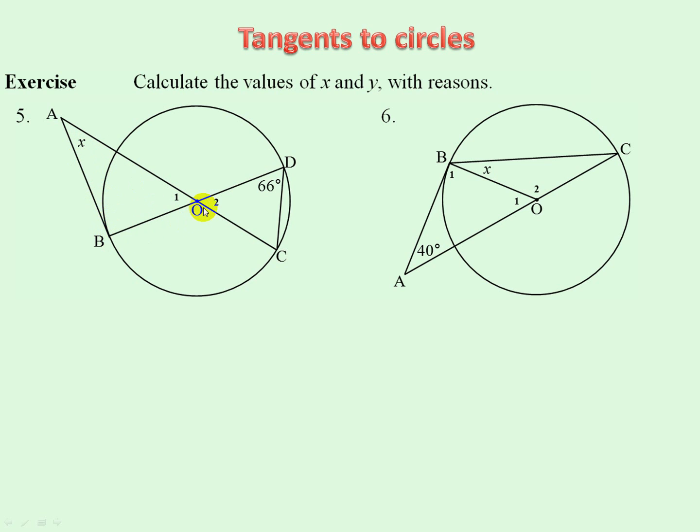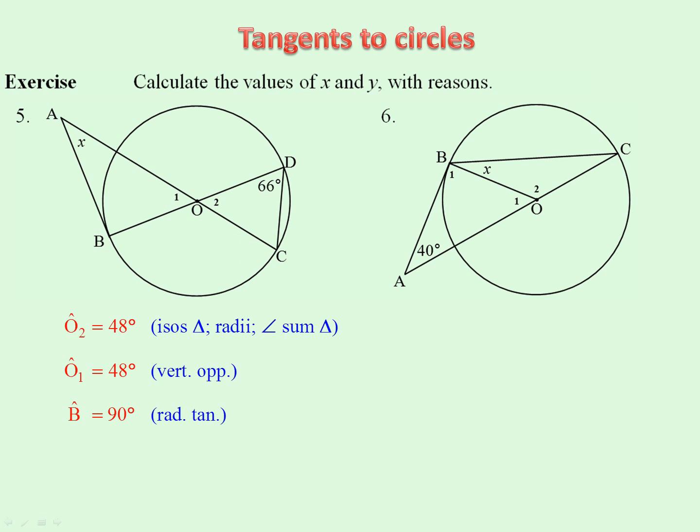Well, I'm going to go for this one, because have a look, a radius and a tangent. So O2 is 48 degrees, because once we know this, then we can actually find x. O1 is 48 by vertically opposite. B is 90, radius tangent, and therefore x is 42 degrees by angle sum triangle.